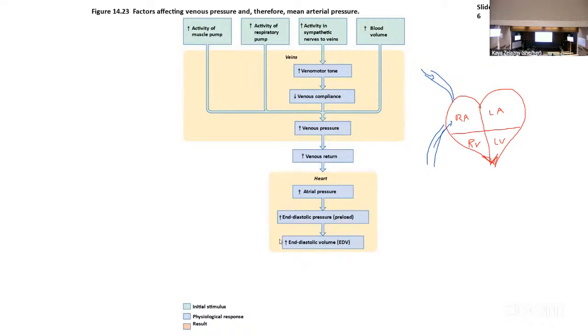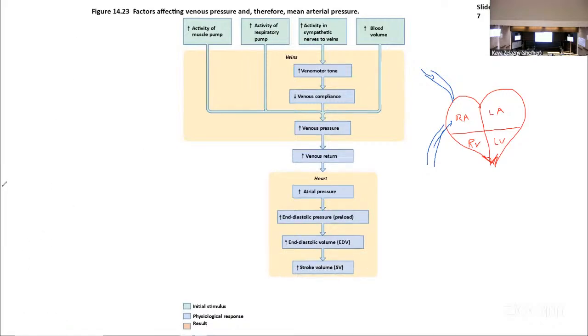This is related to the end diastolic volume, right? So our greater pressure at the end of diastole is also reflective of a greater volume of blood in the heart at the end of that relaxed phase, at the end of that filling phase. So this means that we can squeeze out more blood. Our stroke volume goes up, right?